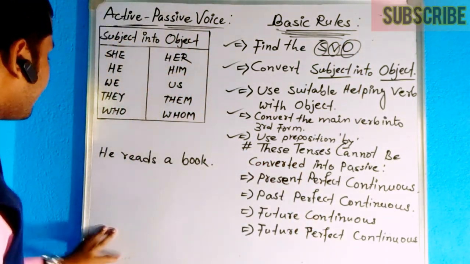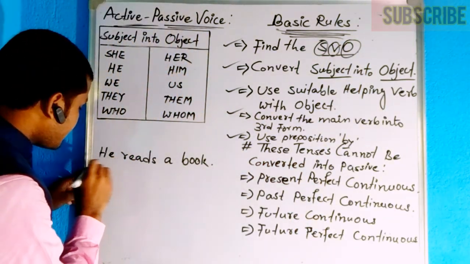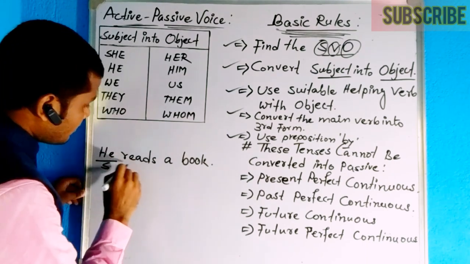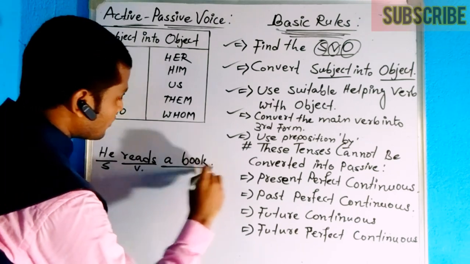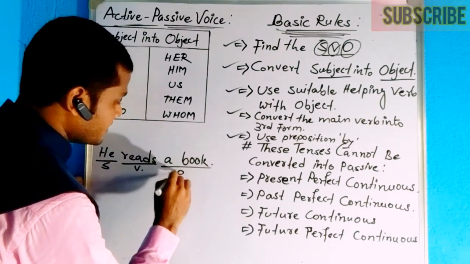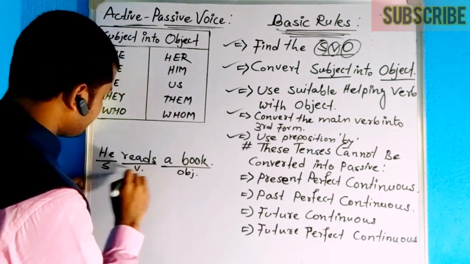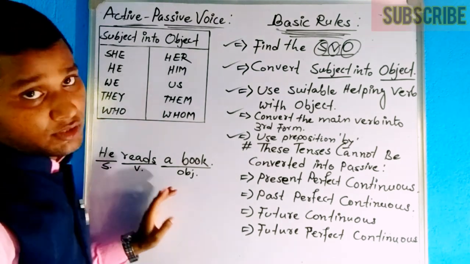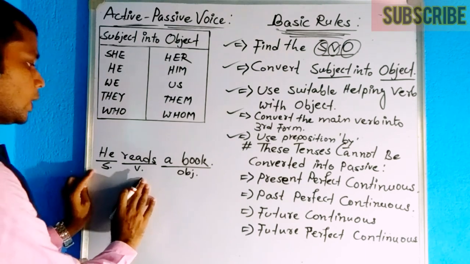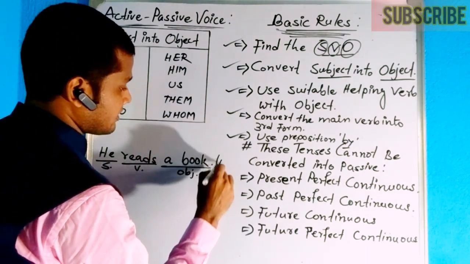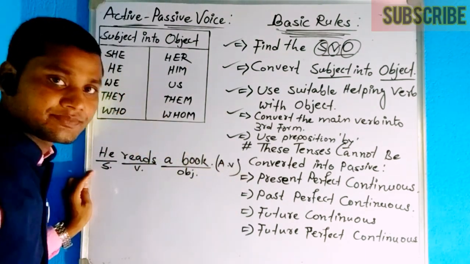Here he is the subject, reads is the main verb, and a book is the object. Subject, verb, object. Clear? And this is an example of active voice.